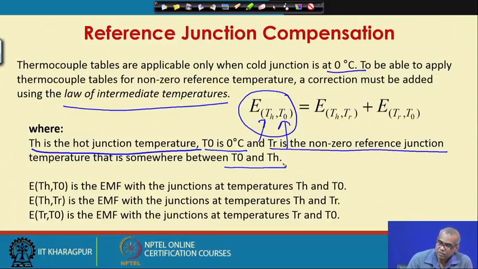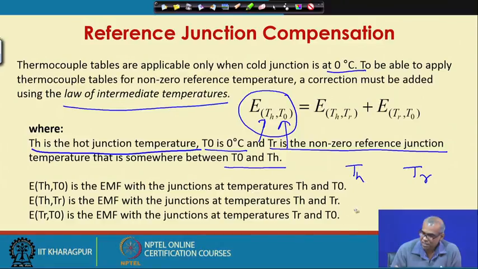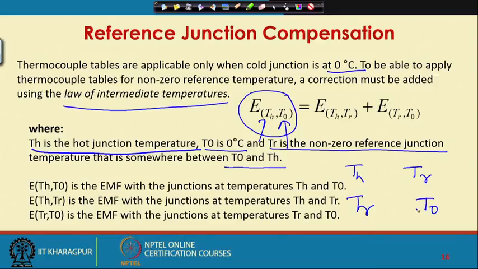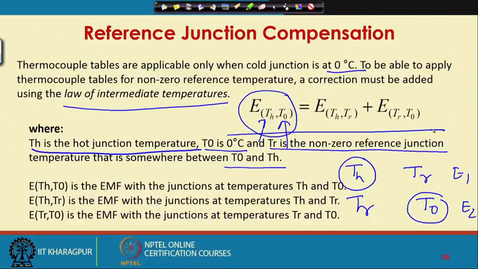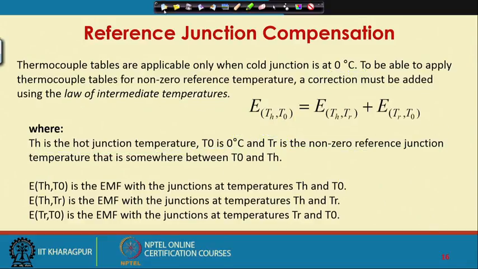I want the EMF between Th and T0. So, I have thermocouple EMF E1 between Th and Tr, and thermocouple EMF E2 between Tr and T0. If I now want to know the EMF produced between Th and T0, I have to sum this E1 and this E2. So, that is what is being done.